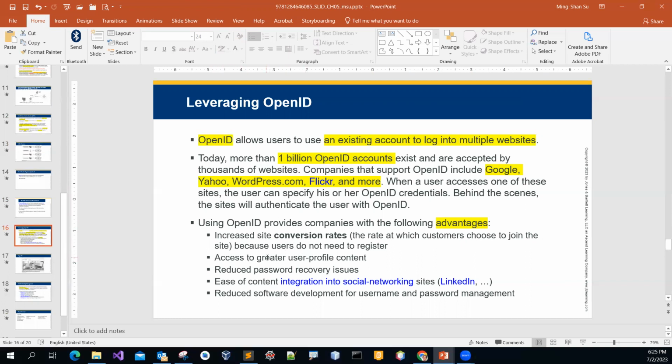Then access to greater user profile content, reduced password recovery issues, and ease of content integration into social networking sites such as LinkedIn, so you don't need to create another account with LinkedIn. And reduced software development for username and password management.